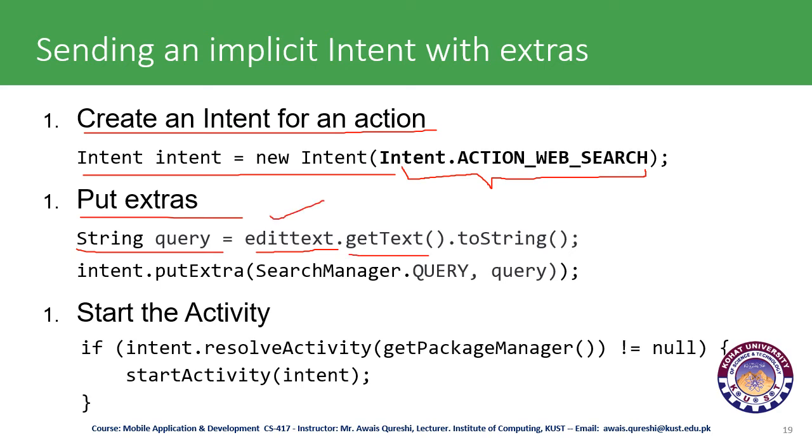We converted text to string because maybe there are some integer numbers over there, so that we can avoid exceptions or crashes. So that's the reason we convert them with the toString method, and then we put this query in putExtra, SearchManager.QUERY.